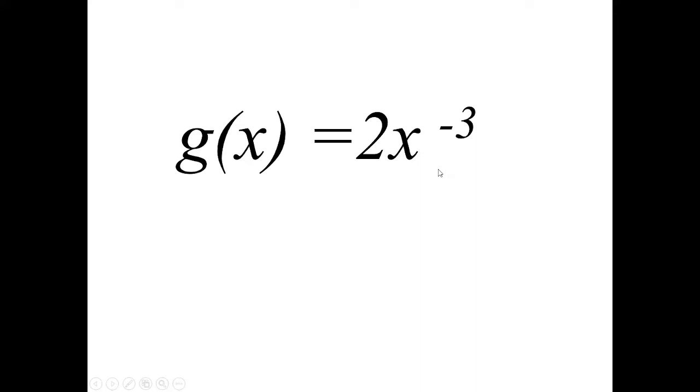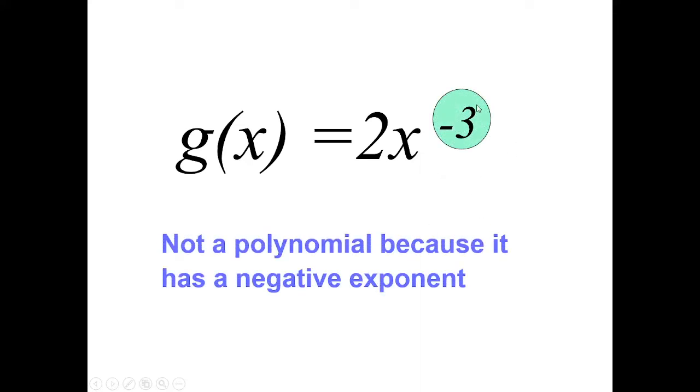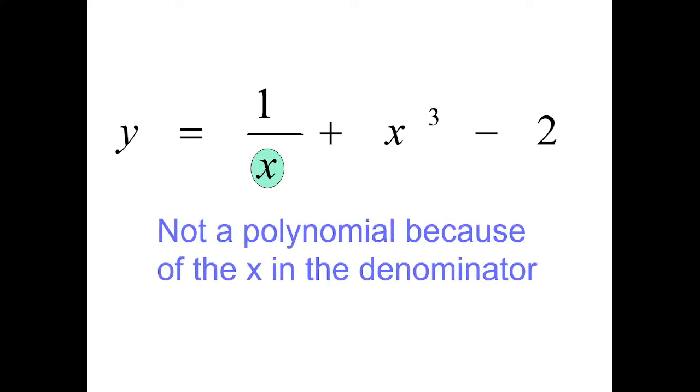This is not a polynomial because it has a negative exponent. And then finally, we have one that is not a polynomial because x is in the denominator. If we express this in another form, this will become x to the negative 1. And negative 1 is not a valid exponent for a polynomial.